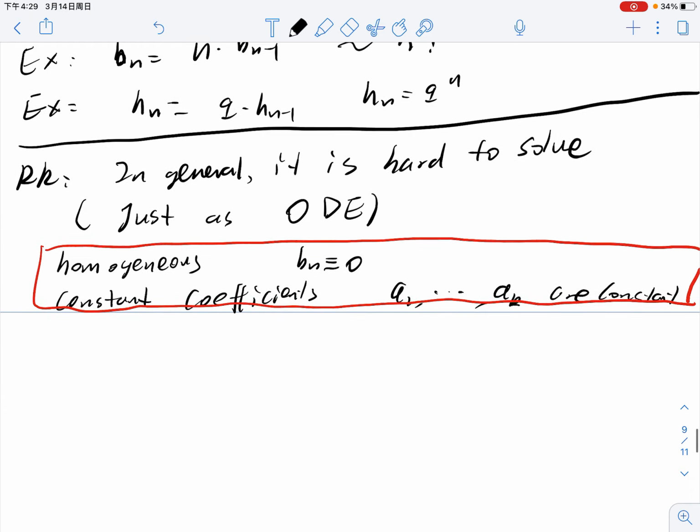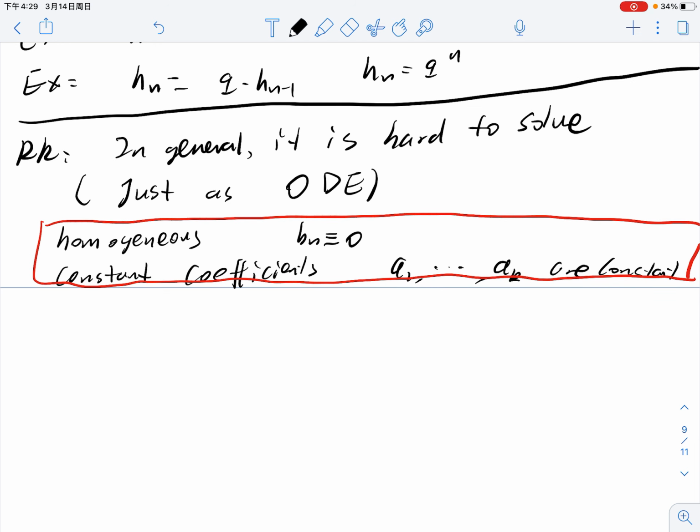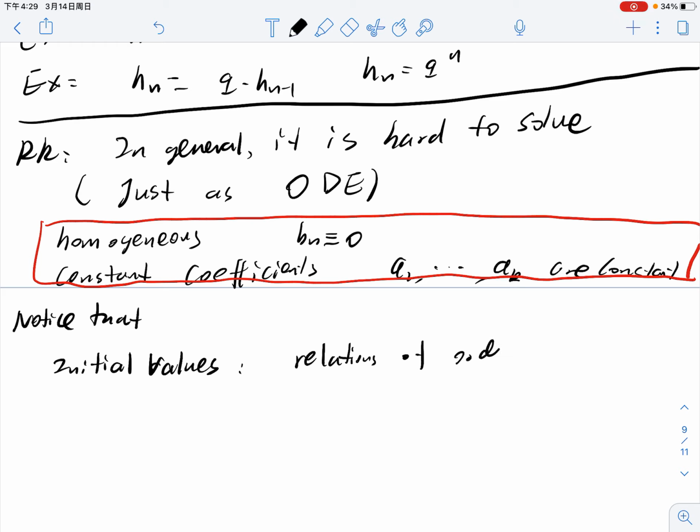Okay. And the idea is similar, but notice that now, how many initial data do we need to accommodate relations of order 2, order k?